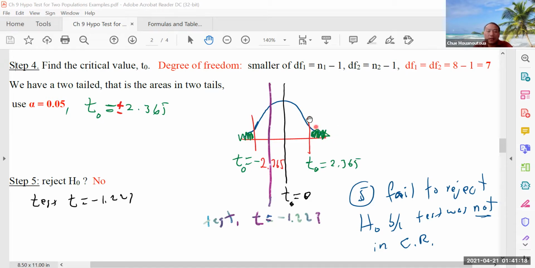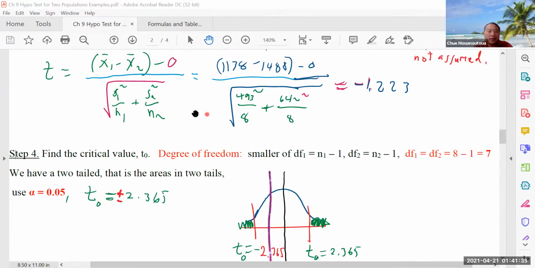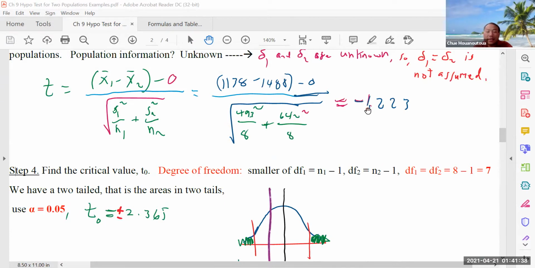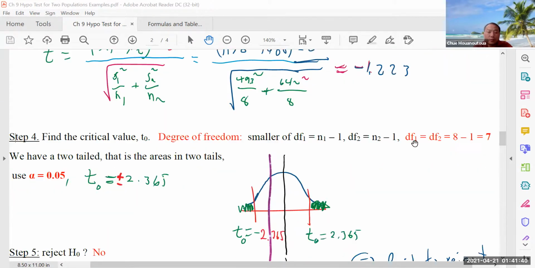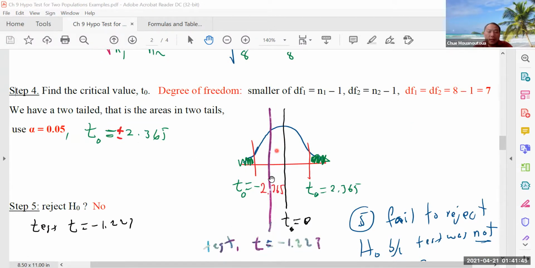The critical value 2.365 is on the right, and negative 2.365 is on the left. Our test statistic from step 3 is negative 1.223. So right here you can see this is the test statistic, which is negative 1.223.